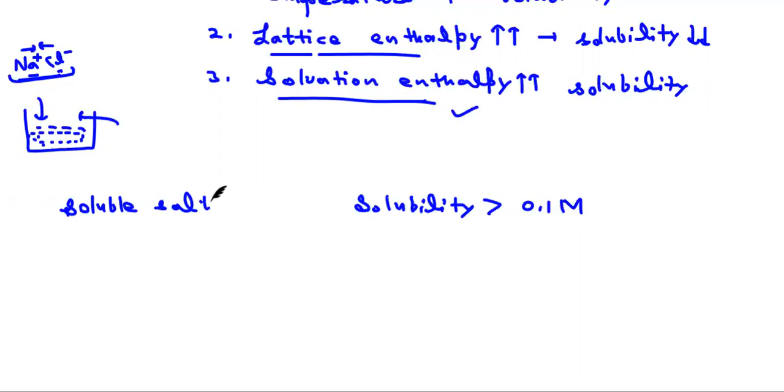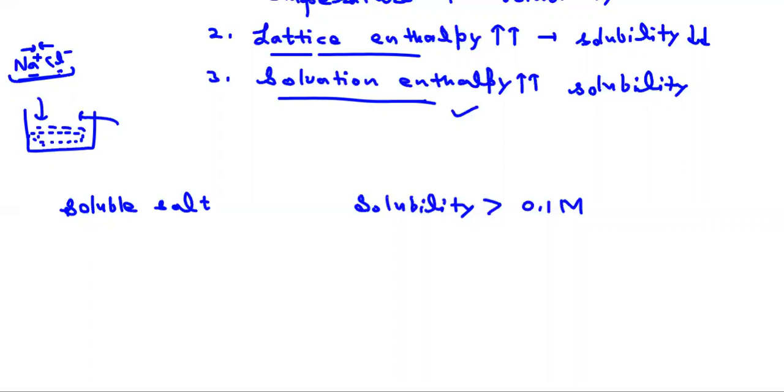Suppose I say there is copper sulfate and I am putting it into a particular solvent, and for that solution the molarity is 2 molar. It is greater than 0.1 molar, right? So that salt is completely soluble and it is a soluble salt.